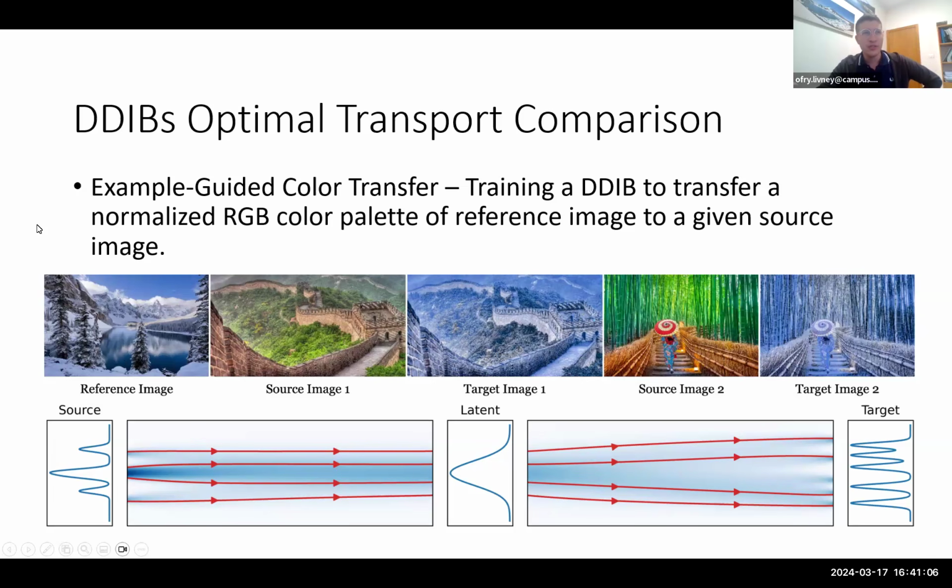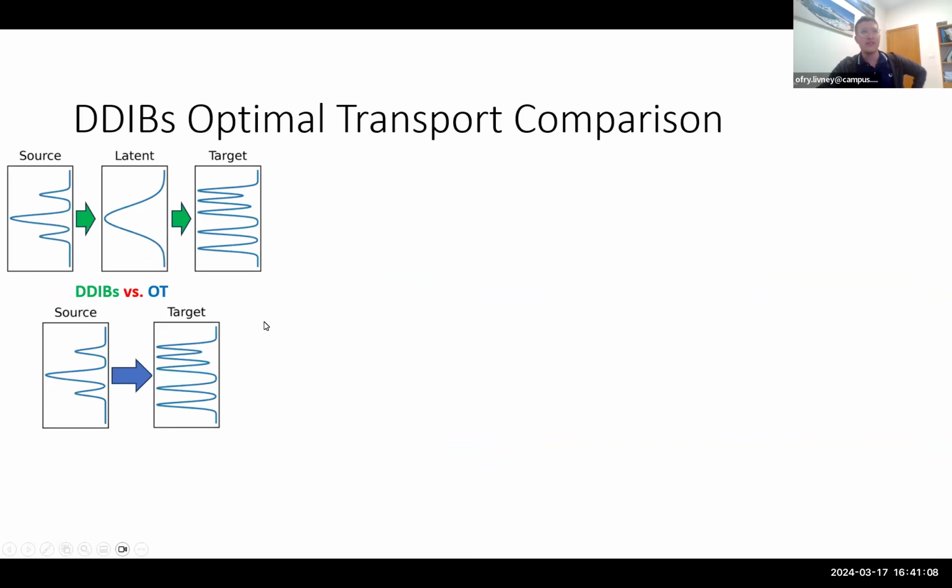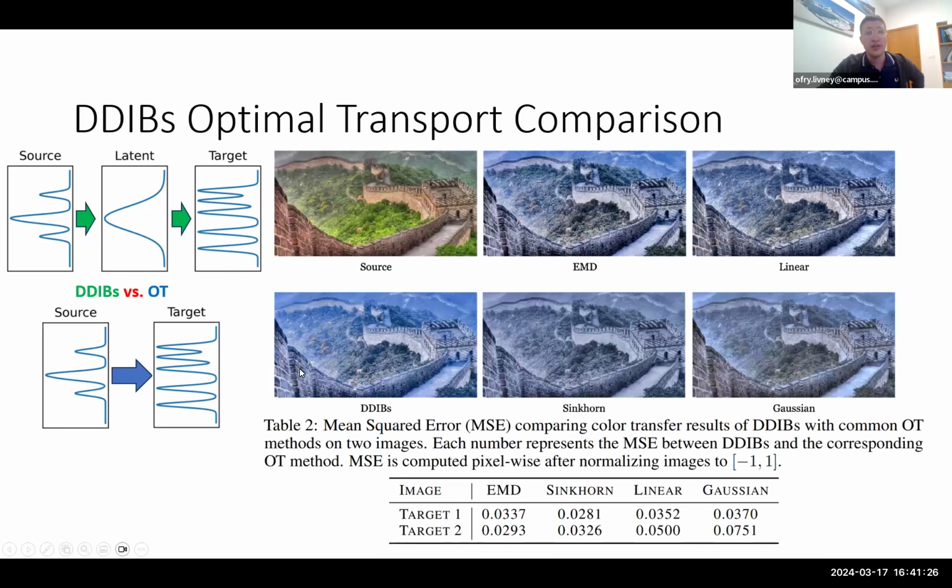So what you should be asking yourself right now is, well, we know that source to latent could be optimal transport and latent to target too, but does that guarantee us optimal transport from source to target? Well, the answer is no, we are not guaranteed that, but the authors go on and actually test the performance of the DDIBs transport in comparison to actual optimal transport methods that performed exactly this color transfer.